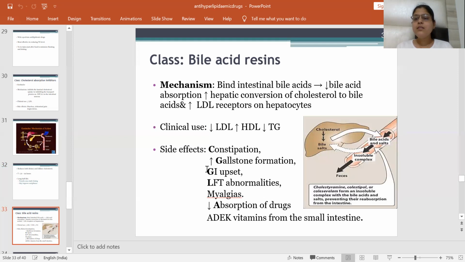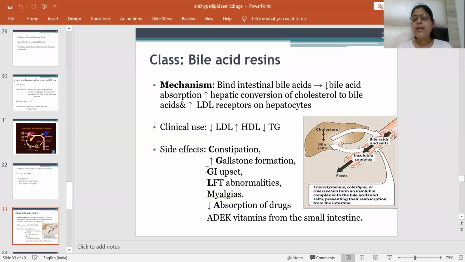When resins are given, they will combine with bile acids, and these bile acid resins will form an insoluble complex, and they will be secreted in the feces, and this will lead to reduced presence of the bile acids in the body.